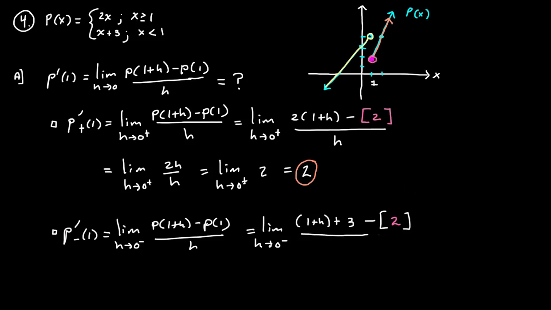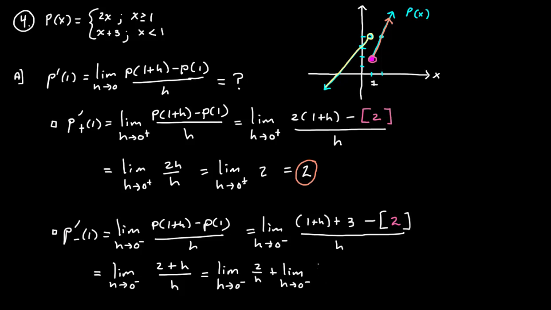Now here's where the math is going to get a little bit interesting. So this is going to be the limit as h approaches 0 from the left. This is going to end up simplifying to be 2 plus h over h. And I'm going to write this as the sum of limits. So this is the limit as h goes to 0 from the left of 2 over h plus the limit as h approaches 0 of h over h.